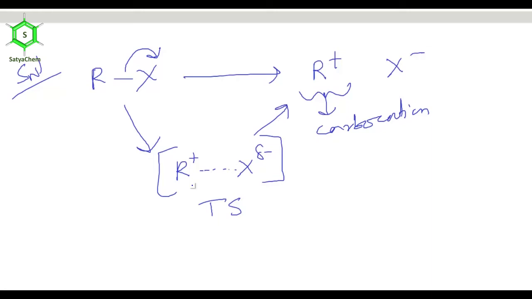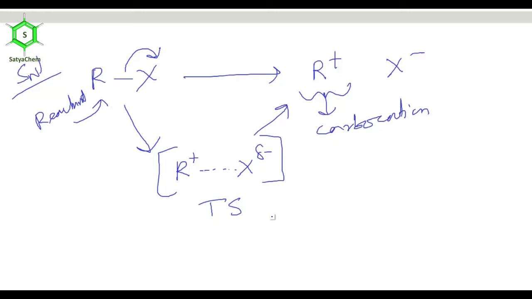Just see that charge is going to be developed in the rate determining step, because the transition state is more polar than the corresponding reactant. This is the reactant. The reactant is neutral, but the transition state is polar.